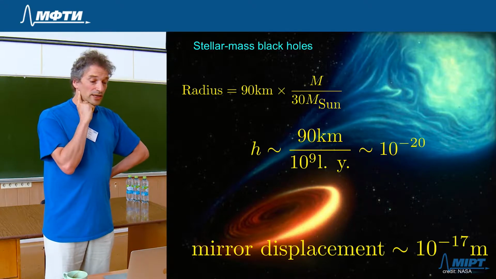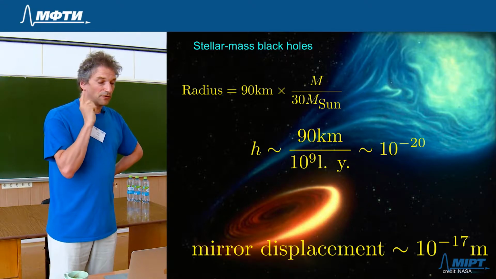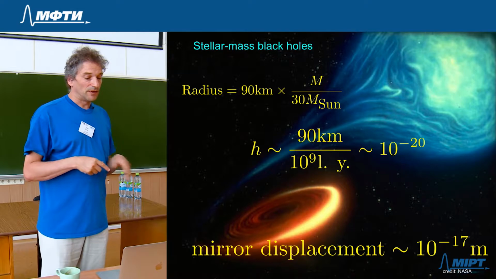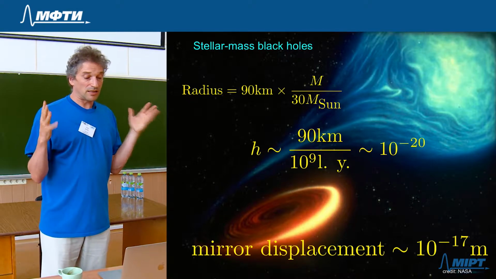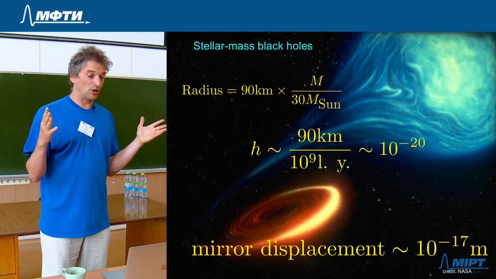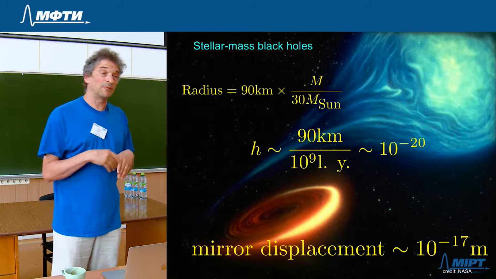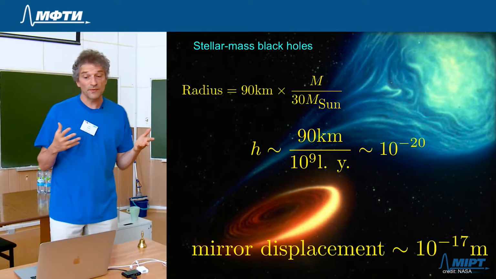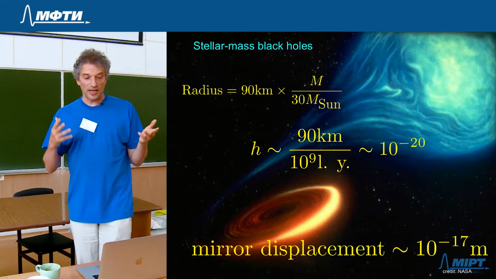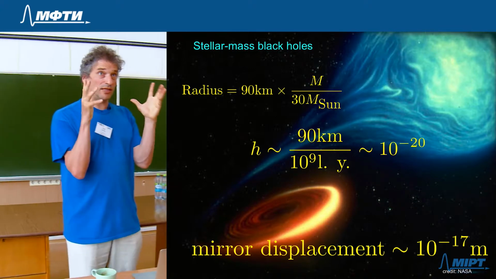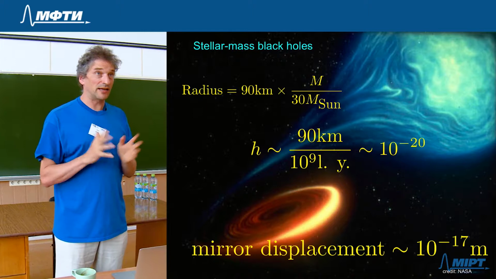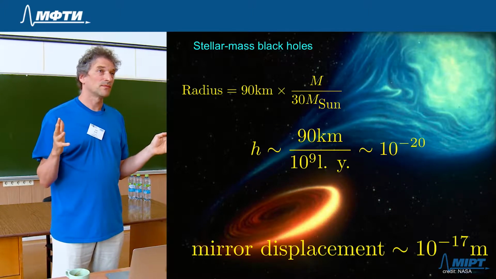I'll show you later how this happened. Anyway, for a 30 solar mass black hole, the characteristic size is about 90 kilometers. The merger happened about 1 billion light years away from us. So h, the strain of the gravitational wave, has to be something like 10 to the minus 20.